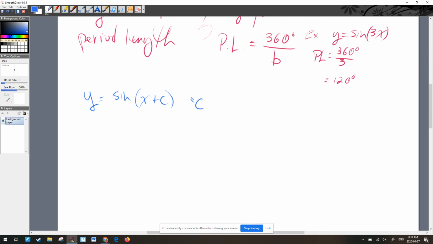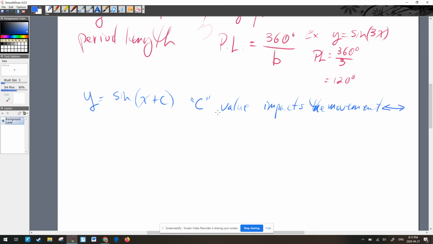So the c value impacts the movement left and right, okay?